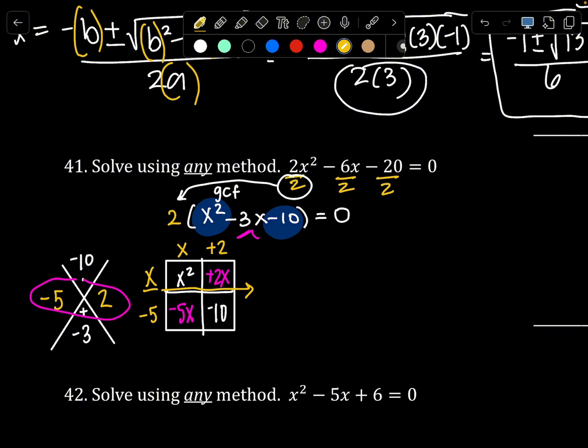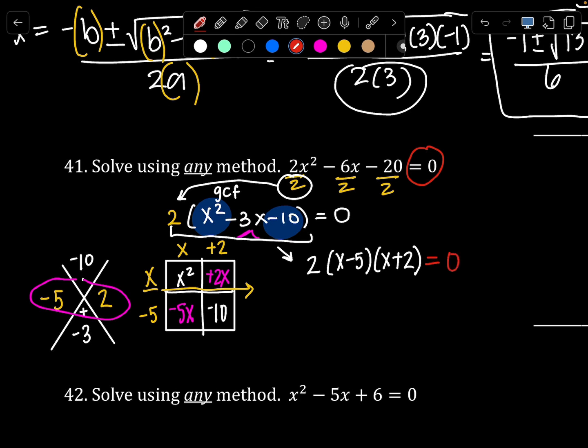I found my factors. So what I'm going to do is I am going to rewrite that statement up at the top: 2 as the GCF times x minus 5 times x plus 2. Don't forget, this equals 0. That means our y's equal 0, or y equals 0.